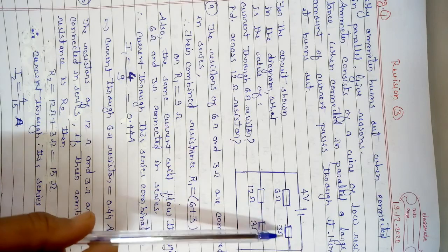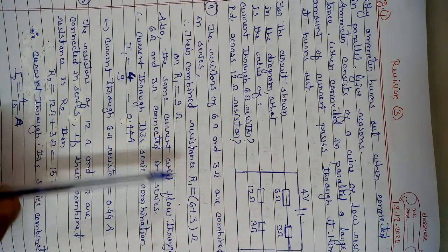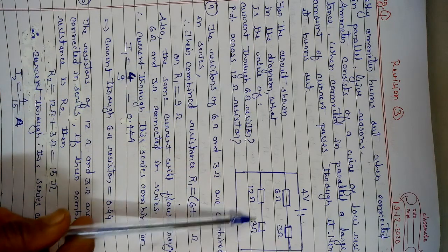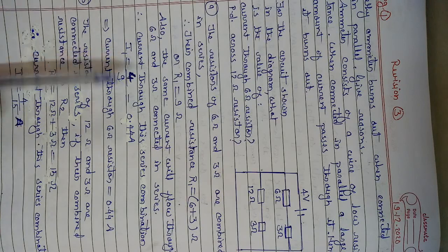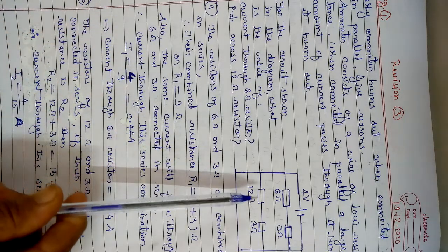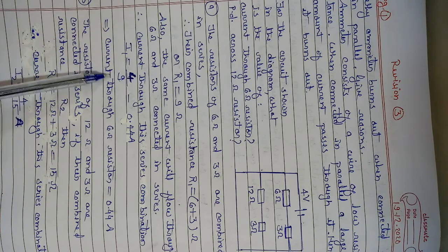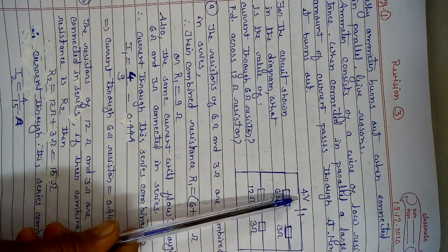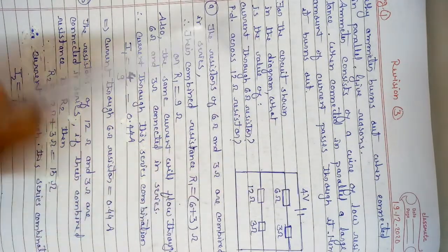Definitely the combined resistance of this series combination will be 15 ohm, and the same current will flow through this series combination. So that current flowing through, if it is I1, so I1 equals 4 upon 15. Why have we taken 4? Because these two combinations are connected in parallel with this battery.